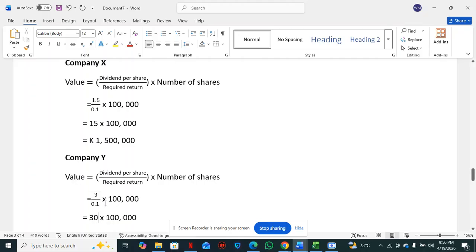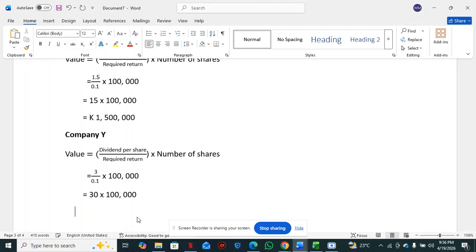So that's the value of the shares for company Y, 30 kwacha, according to this method. Then this 30 times 100,000, you get 3 million. All right, colleagues, 3 million.